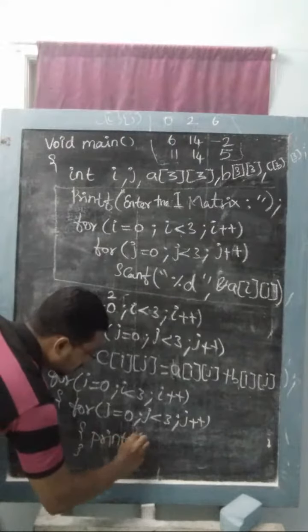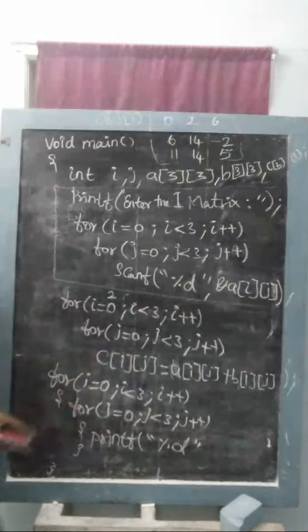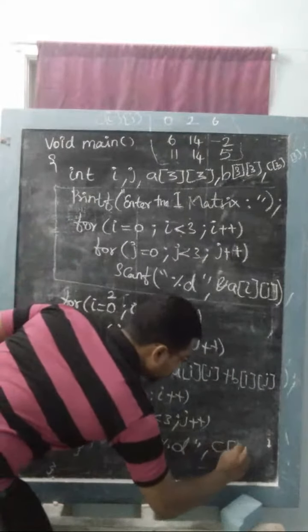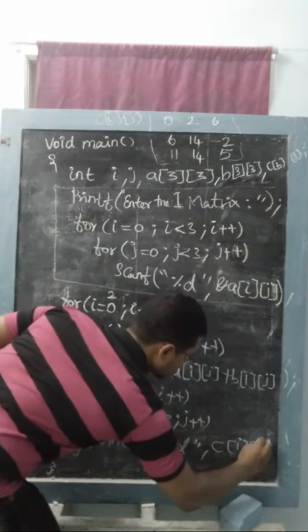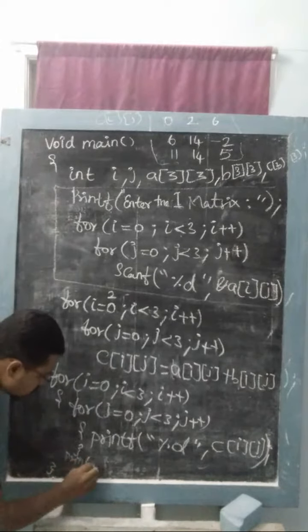What we have to print actually? We have to print the resultant matrix. That is, resultant matrix is C of I of j. And finally, here you have to write printf /n.